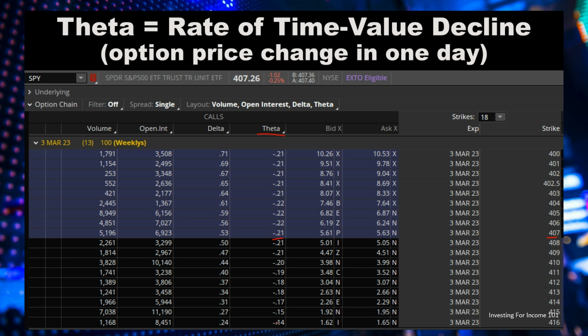And this option only 15 cents a day, right? And theta is always negative because the time value always gets less and less. And theta can be found on better trading platforms. I don't think Fidelity has it, at least I didn't find it, but definitely Thinkorswim has it. And this is actually a screenshot from Thinkorswim.